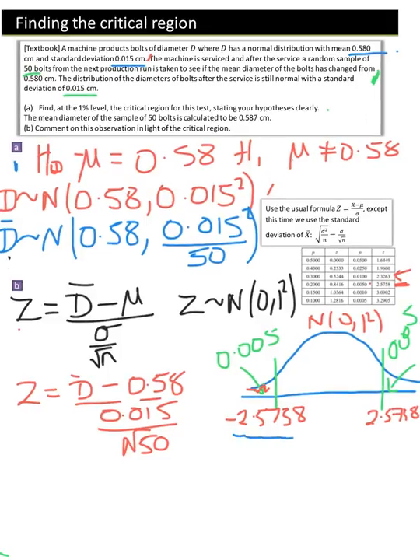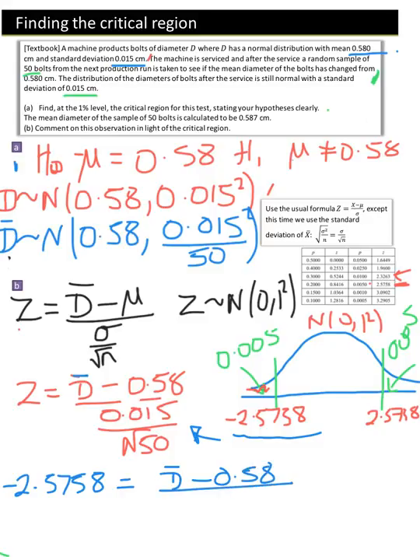Now substituting this value into this formula here for my Z value, I can therefore work out my value for D. So this would give me minus 2.5758 equals D minus 0.58 all divided by 0.015 over root 50.